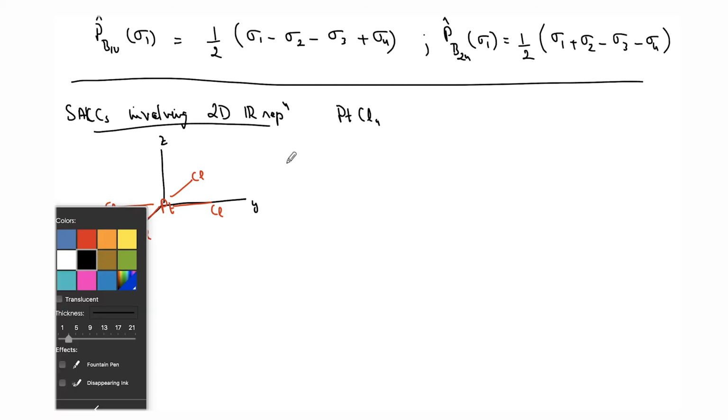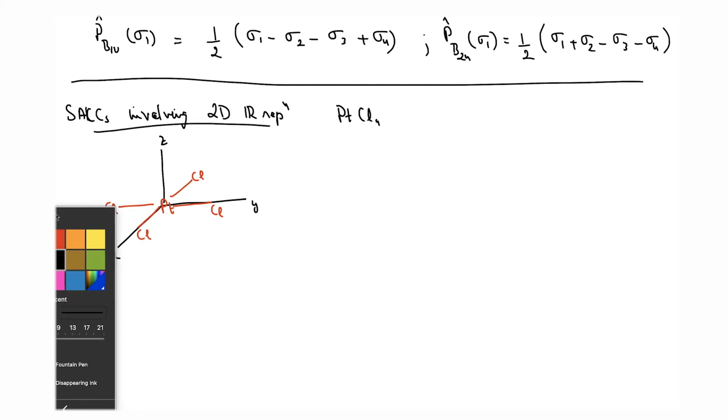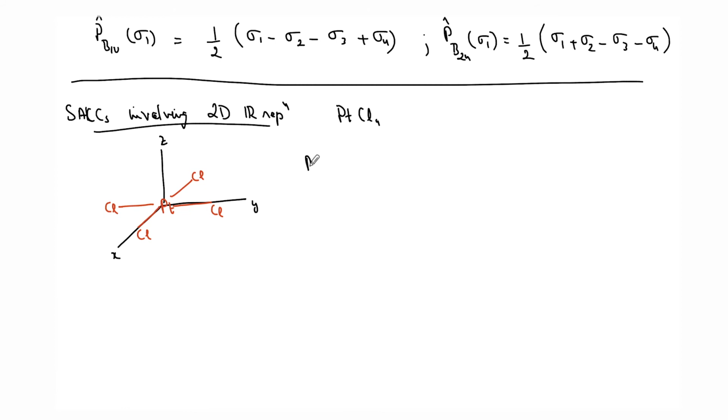Now the next step is to identify the point group. So the point group here is D4h. Right, that is very simple to see. Also, let us list down the symmetry operations of D4h. So you have E, we have 2C4, then we have C2, 2C2 primes, and 2C2 double primes.